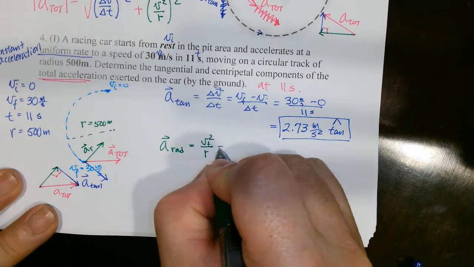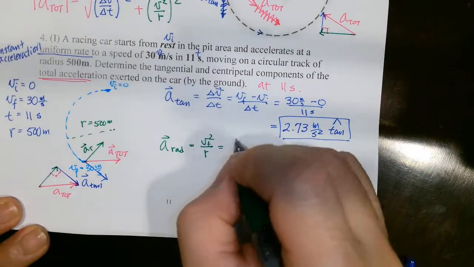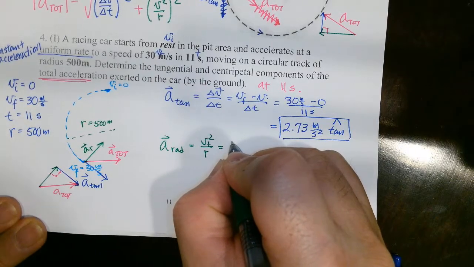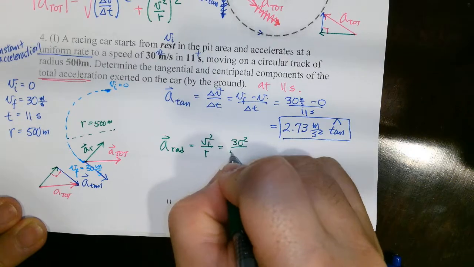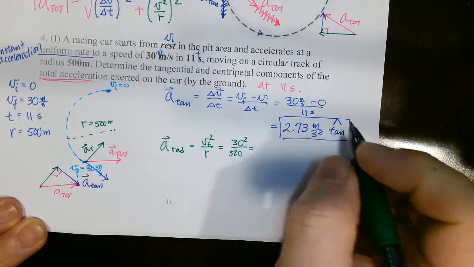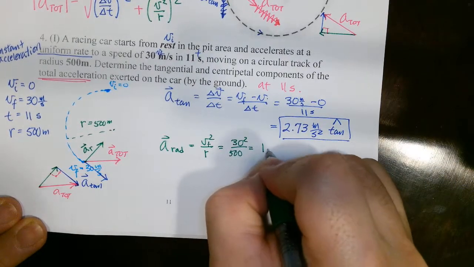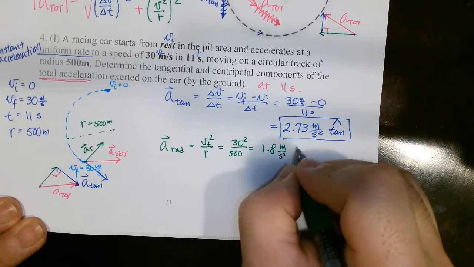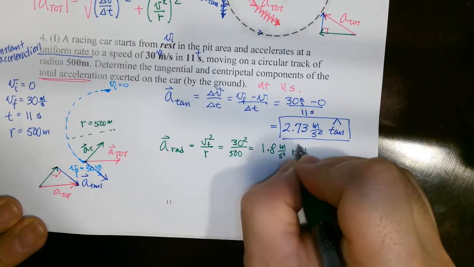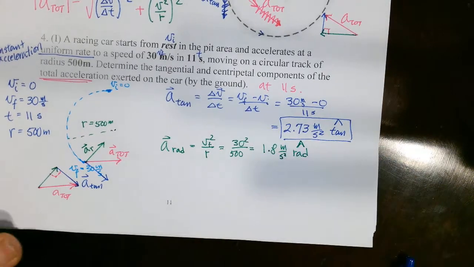That is equal to 30 squared over R, which is 500. And that comes out to 1.8 meters per second squared, radial hat. R hat, radial hat.